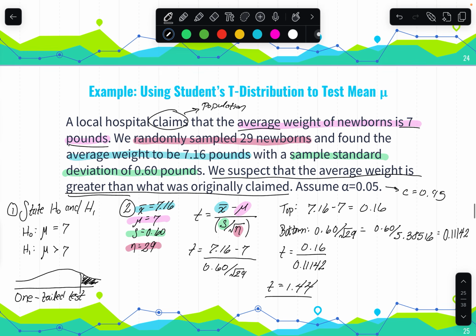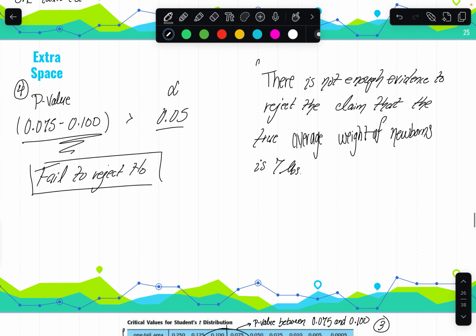I think we did pounds here, yeah. This would be one way that you can make a conclusion based off of the story.